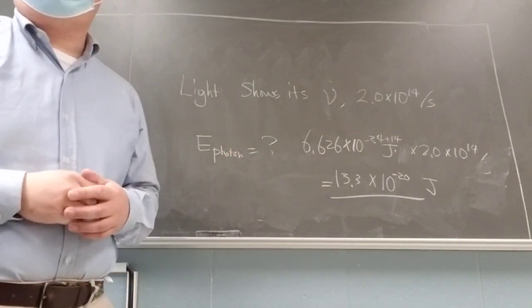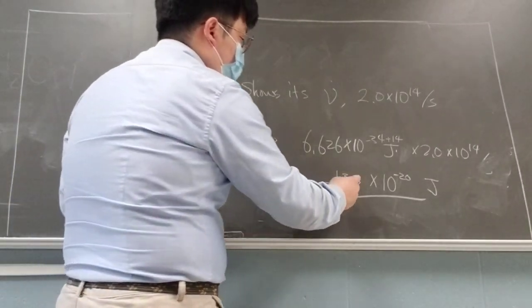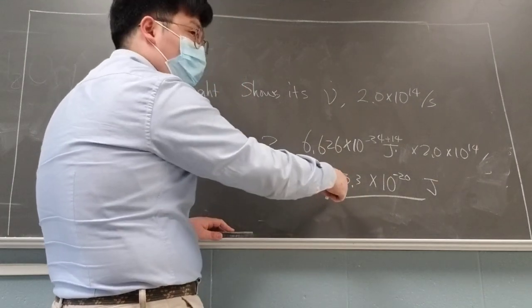You can put it in the calculator, obviously, but maybe you don't have to. In this way, for scientific notation, you put the decimal point right after the first non-zero digit.